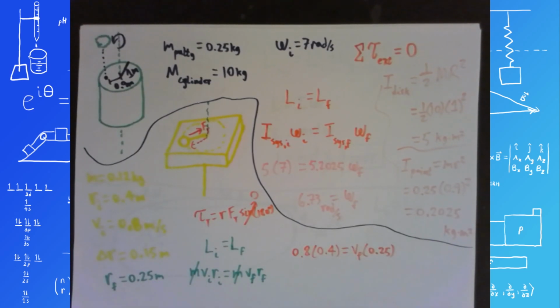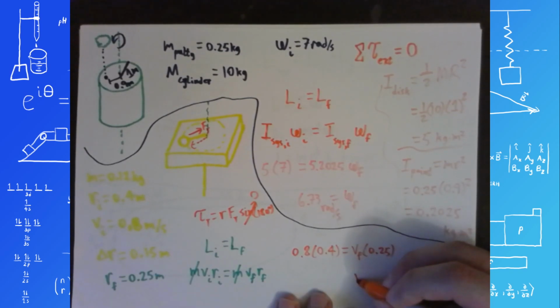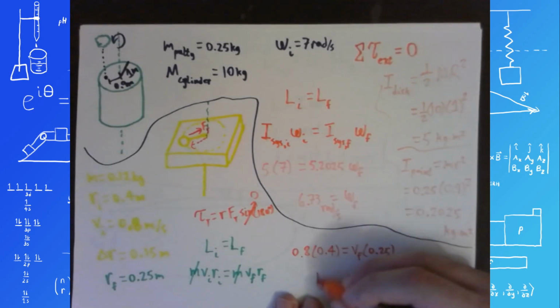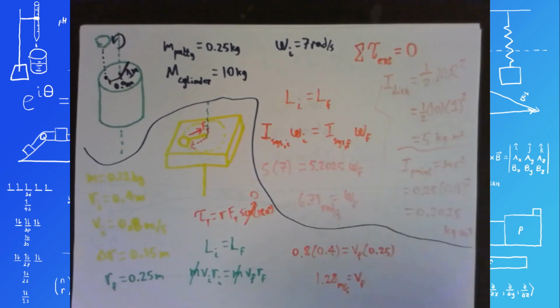And if I divide both sides by 0.25, 0.8 times 0.4 divided by 0.25 gives me 1.28. V final equals 1.28 meters per second.